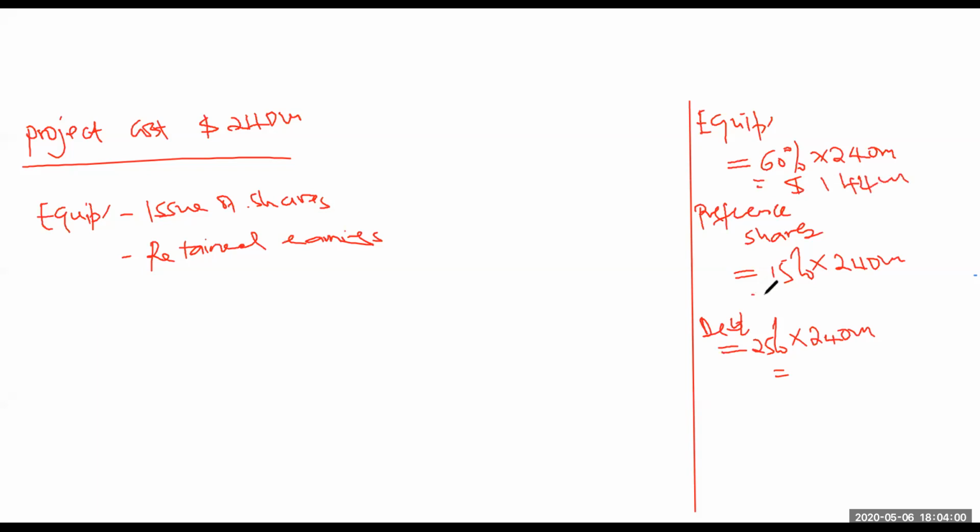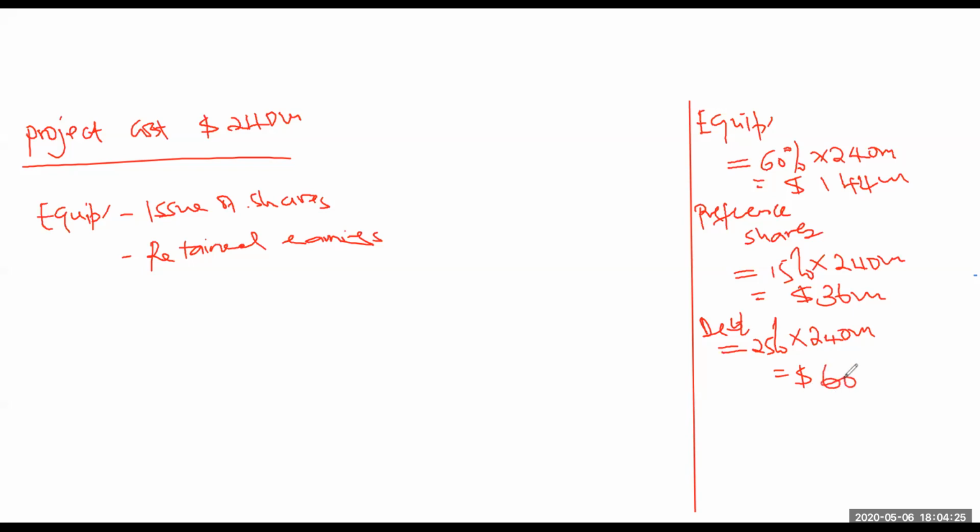For preference share, that's 36 million. From debt, we get 60 million.